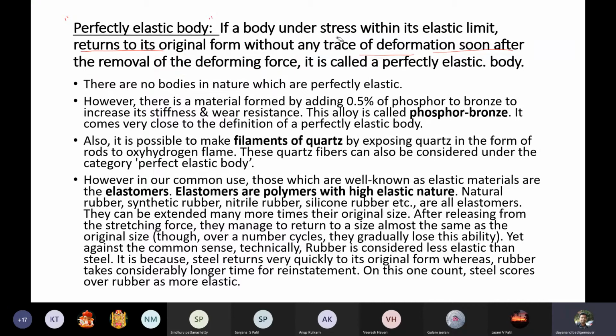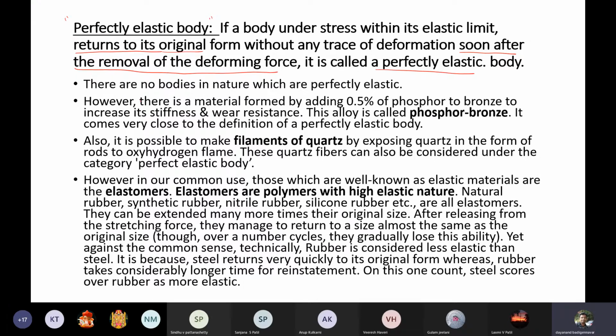It should return to its original shape, size and form without any deformation soon after the removal of the deforming force. That is called a perfectly elastic body.